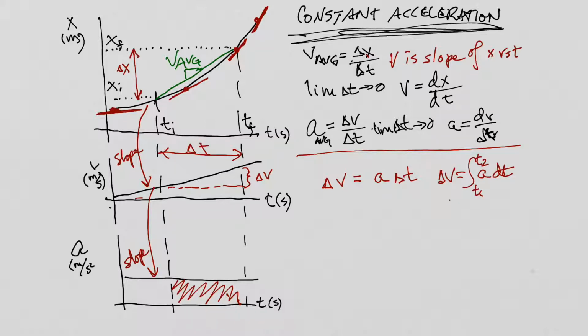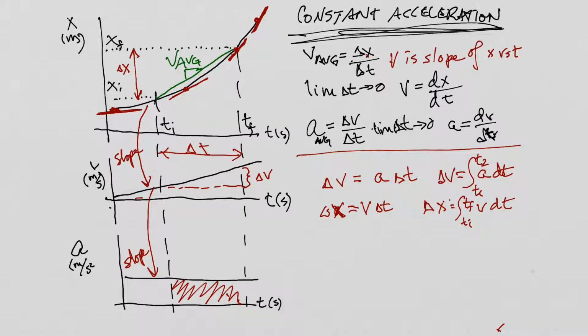So we do this again. Delta x is now v delta t, and that gives me the displacement as I take the limit as delta t goes to 0. And I can do integration where my displacement equals the integral from ti to tf of v dt.